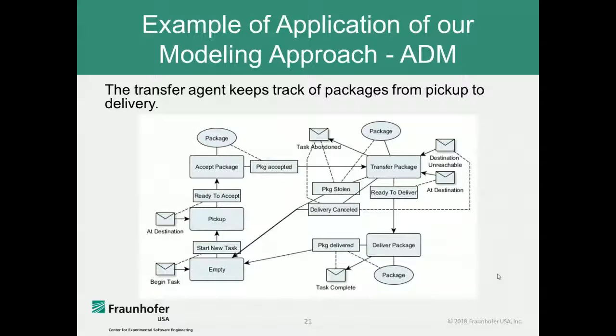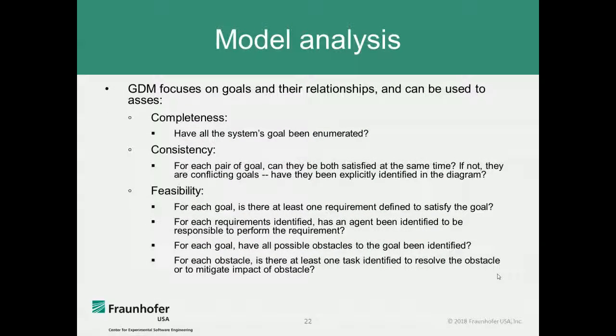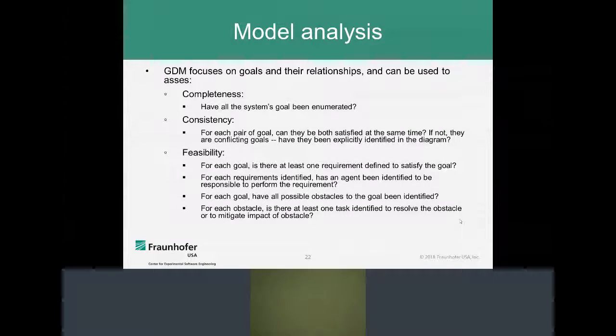Okay, so if you can go up to the next slide. I'll quickly go through some key takeaways, things to look for in these models, criteria. For the goal model, in terms of completeness, have all the goals been enumerated?